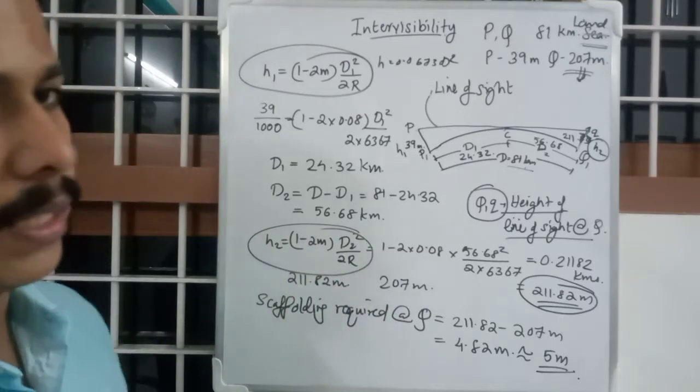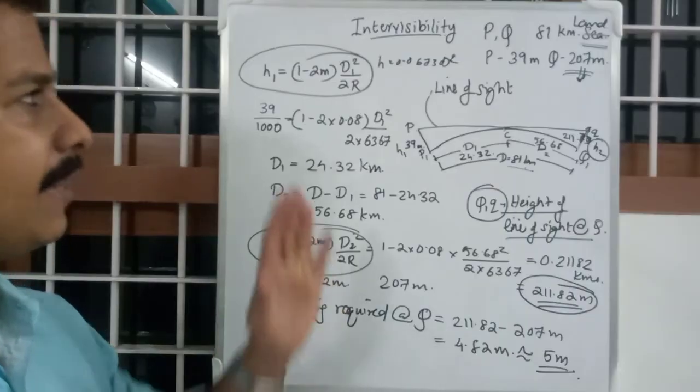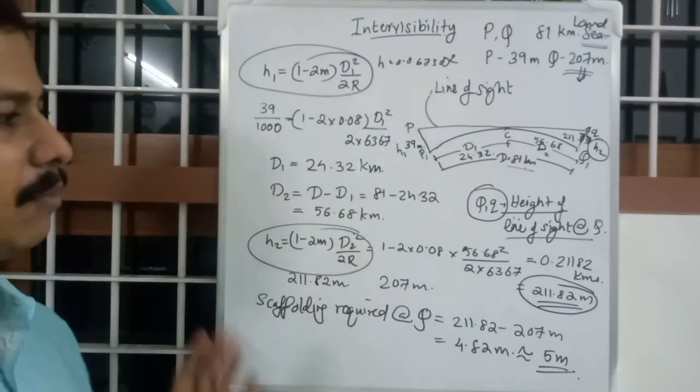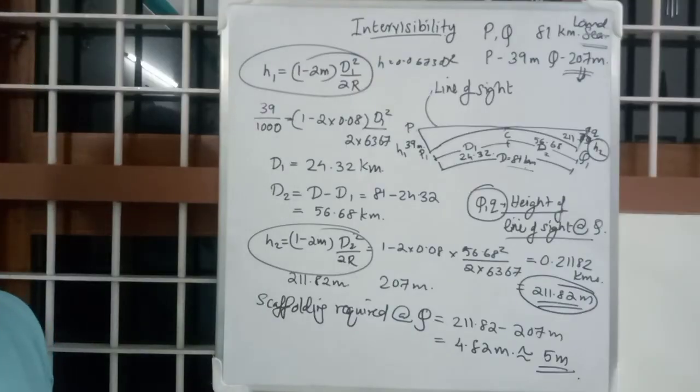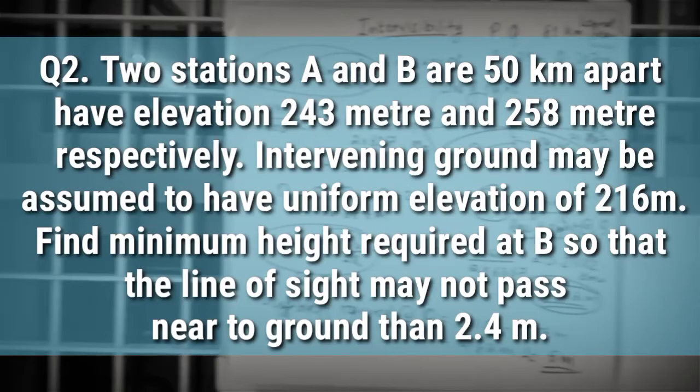Most of the time you will be asked to calculate intervisibility problems on land. It was a slightly different problem. So take note of that. We are moving on to the next problem.